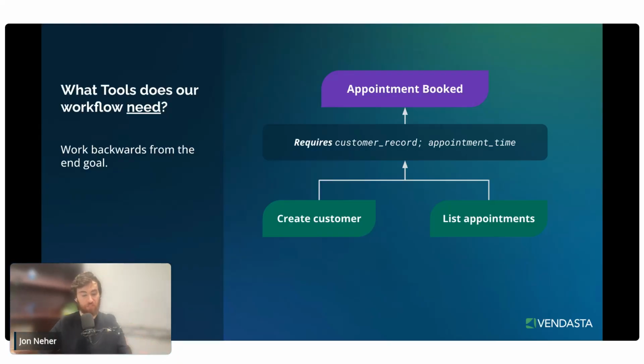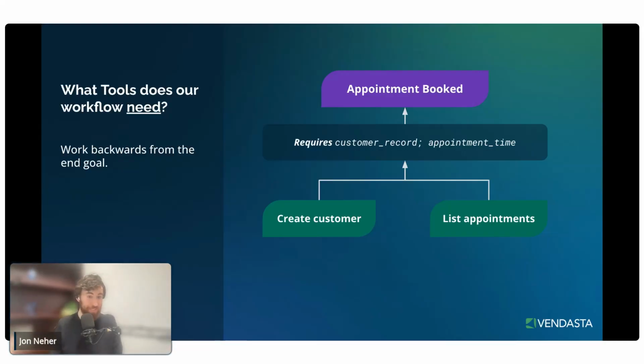Here's the information you get from those APIs. And when you look at the create appointment API, it's going to say, we need the customer record and we need the appointment time. And you're going to use that information to work backwards to find things like create customer or list appointments.